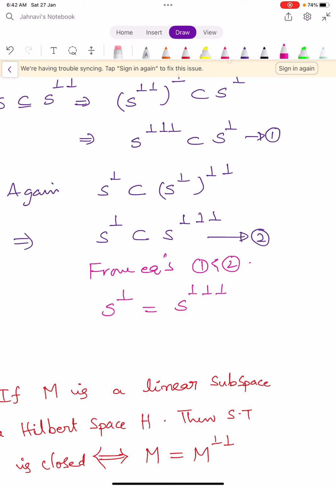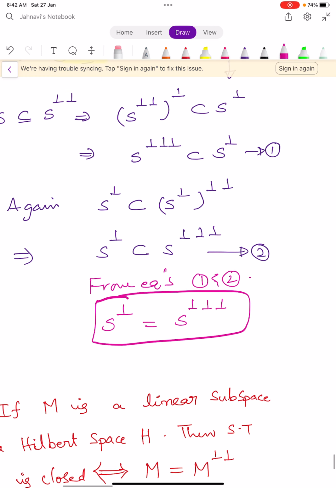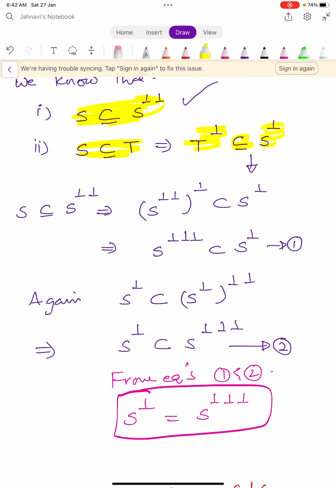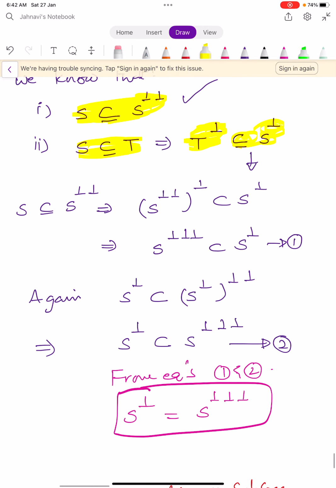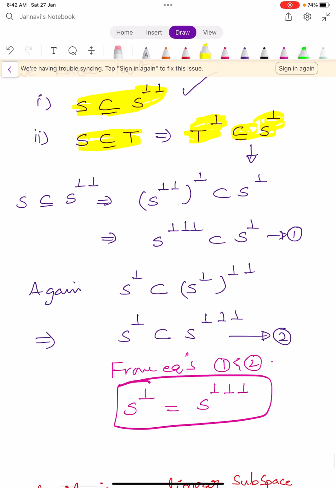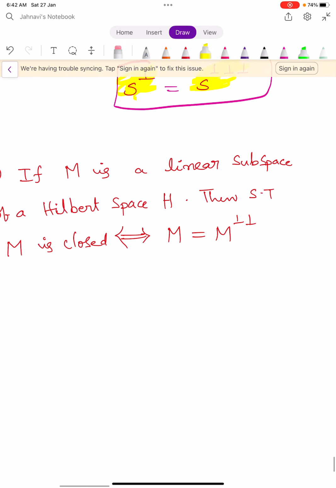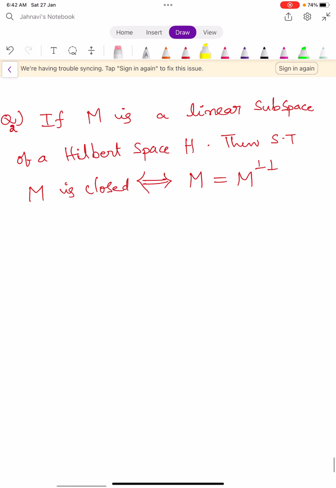Again, remember that this is a simple property, depending upon these two basic properties: S is a subset of S double perpendicular, and if S is a subset of T, then T perpendicular is a subset of S perpendicular. That's it. Now we solve one more problem. This one, S perpendicular is a subset of S triple perpendicular, is important for the 5 mark section. Let us see the second one.